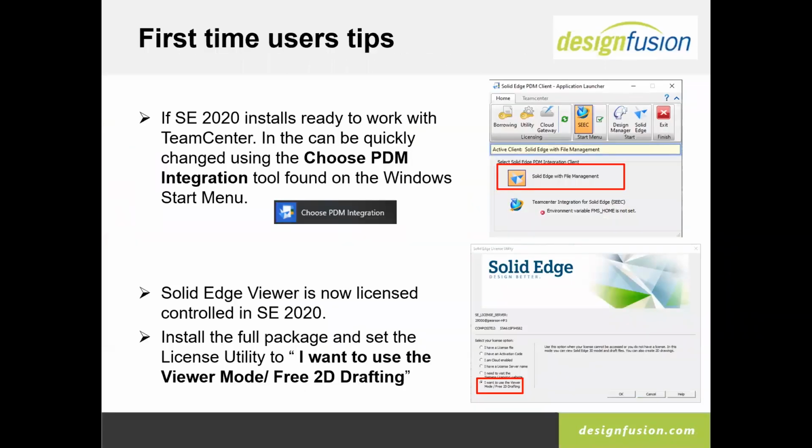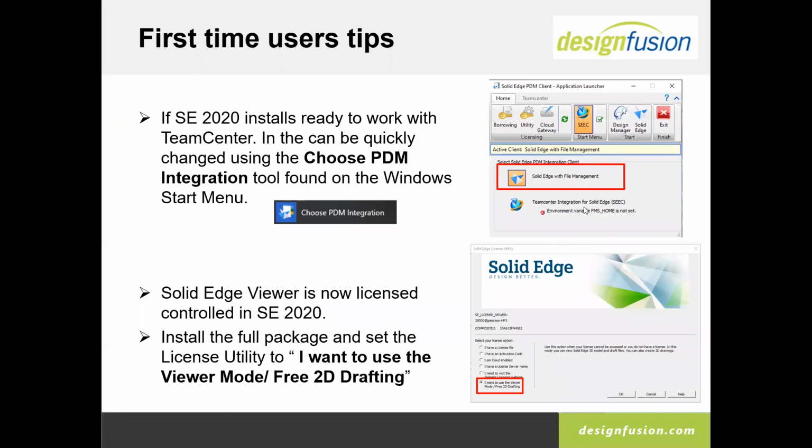Couple of tips before we start. If you're a first-time user, when you install 2020, this is only on 2020, 2019 and below, do not do this. The system, depending on what license your company has, the system will set that up so that it can access Teamcenter.